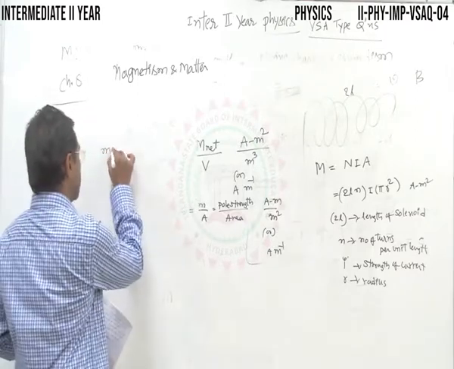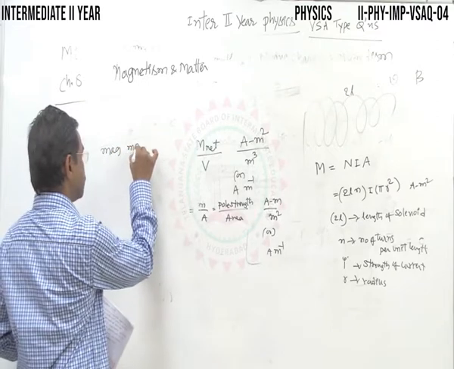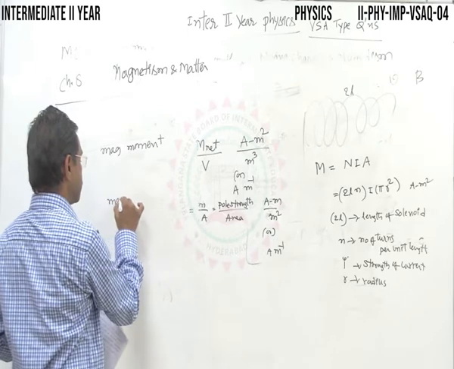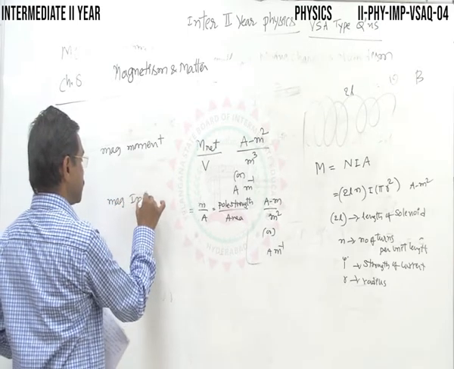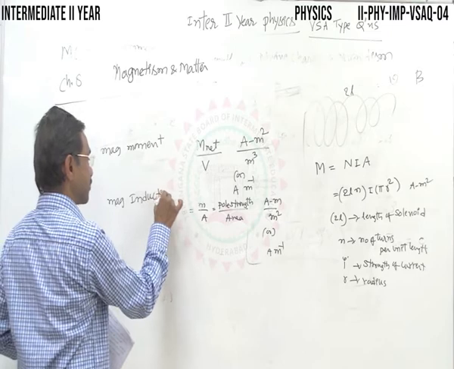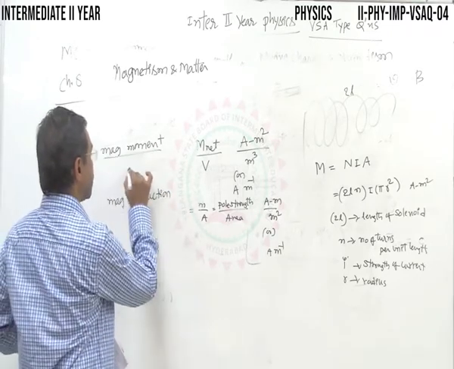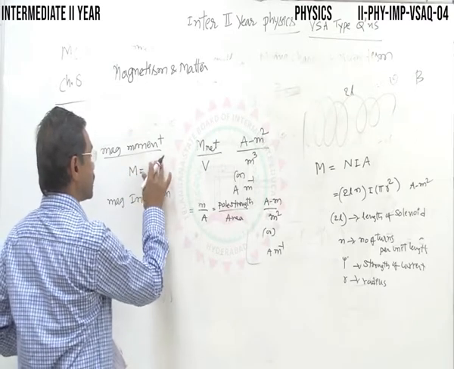Write down the units of magnetic moment and magnetic induction, the magnetic induction field, or magnetic induction simply. As we already discussed, magnetic moment is denoted by capital M, and its units are as follows.